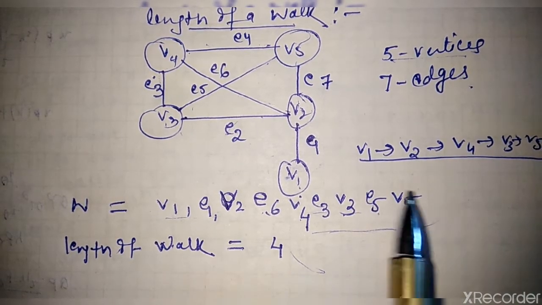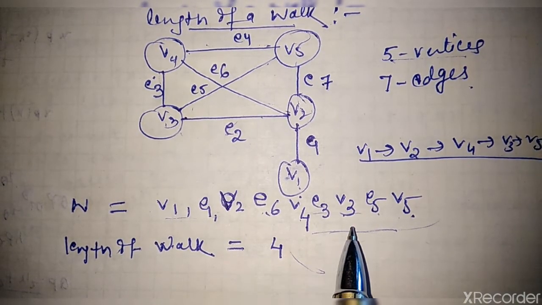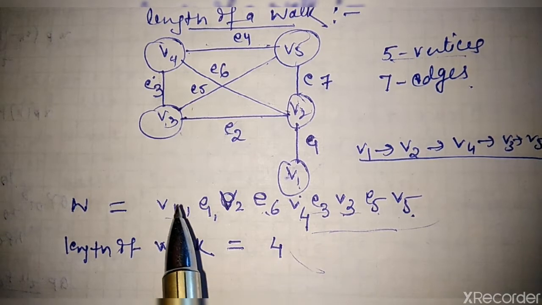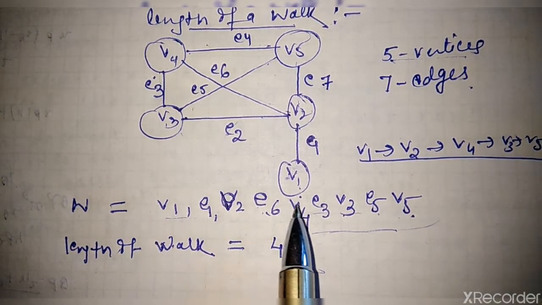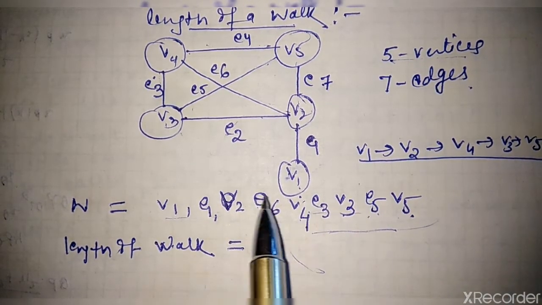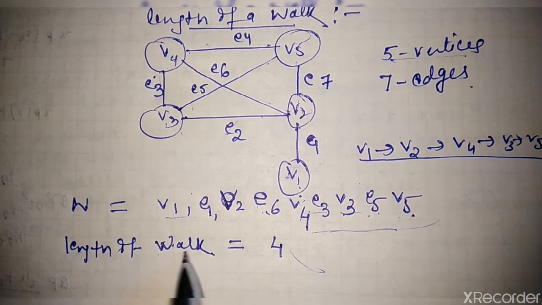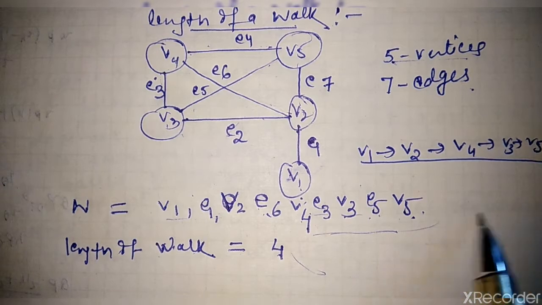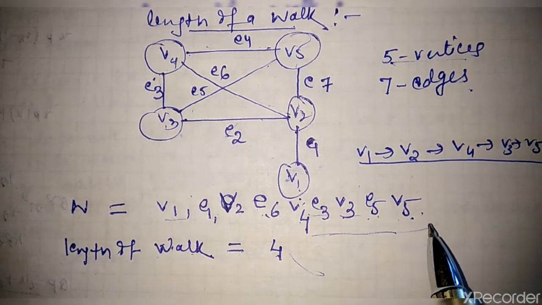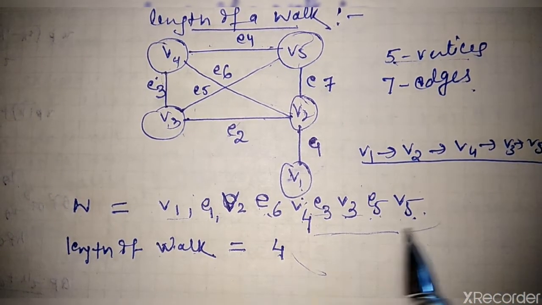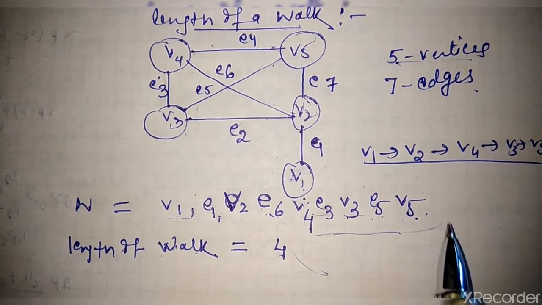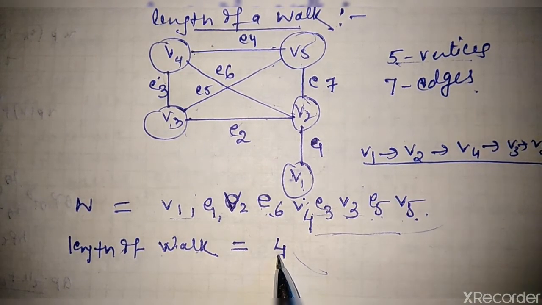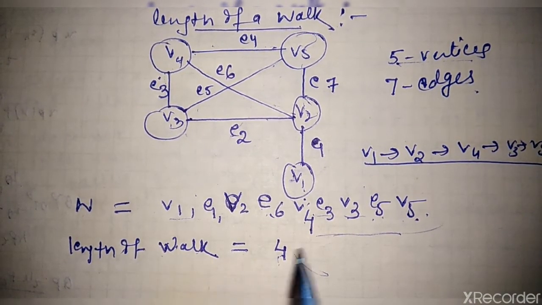So the number of edges a walk has is how we count its length. Here, how many edges are there? E1, E6, E3 and E5. Only 4 edges are counted here, so the length of the walk is 4. If we repeat an edge, then we count that edge again, and we will write 5, 6 or whatever. So it depends on the edges; it gives the length of the walk.